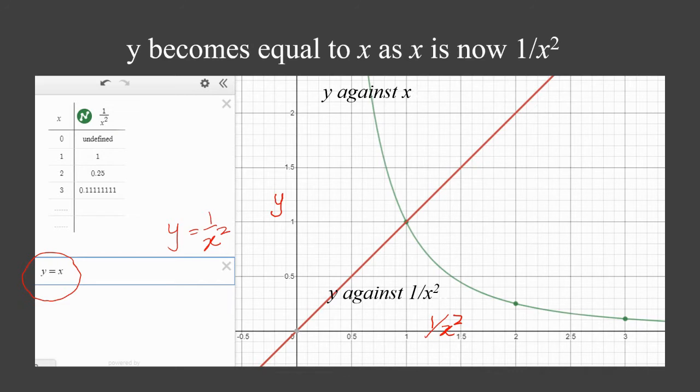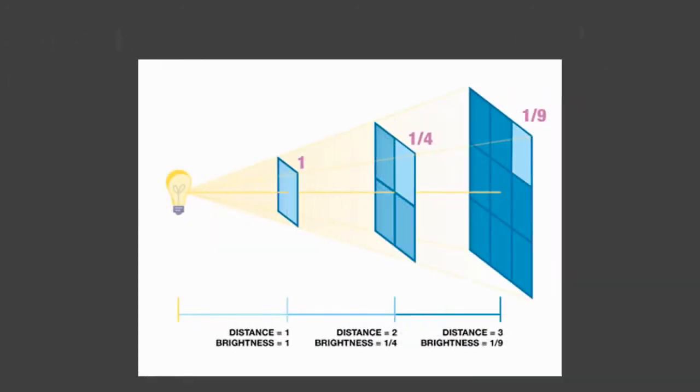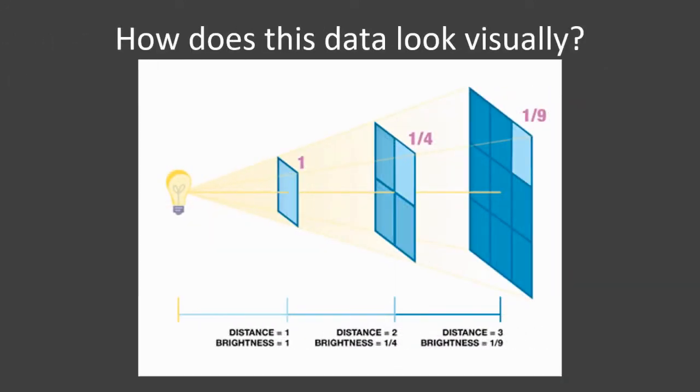Now the third way of representing this y is equal to 1 by x squared as a physics concept, I will walk you through using the aid of a picture. Visually, let's write down the equation, y is equal to 1 by x squared, where y is brightness and x is distance.